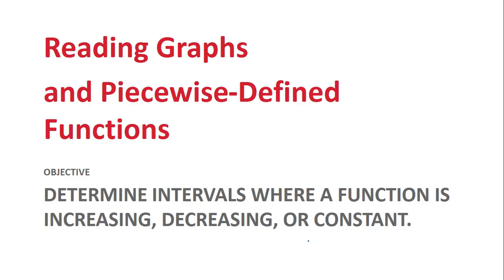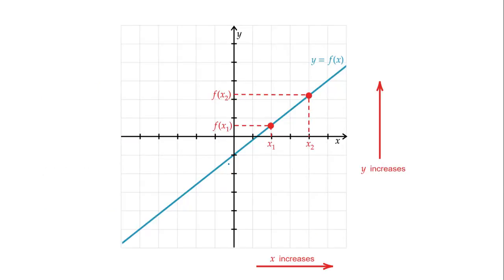In this video, we'll examine graphs to determine intervals where a function is increasing, decreasing, or constant. There's a graph of a line on the screen that, as we move from left to right, is rising or going uphill.